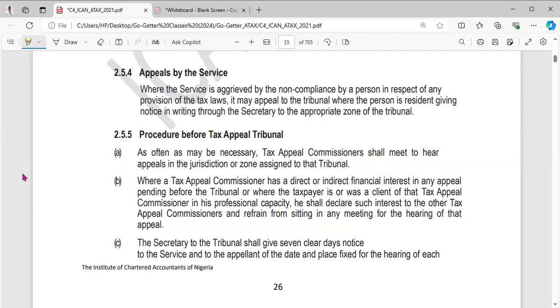Or this person is my relation, or is my sponsor, is somehow related to me. And so, how will I call it? Familiarity or this kind of relationship will disqualify such a person from having the capacity of sitting down. So he will be biased. So you need to disclose such relationship and refrain from sitting in that meeting.